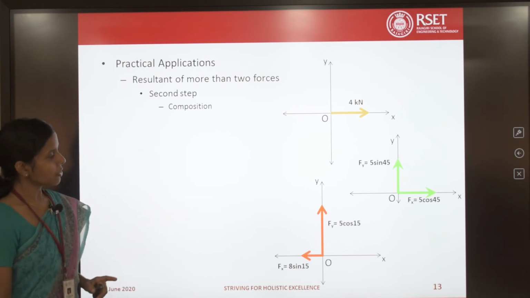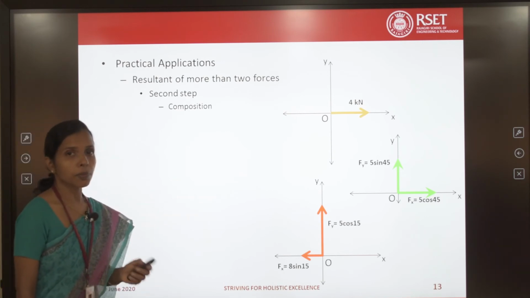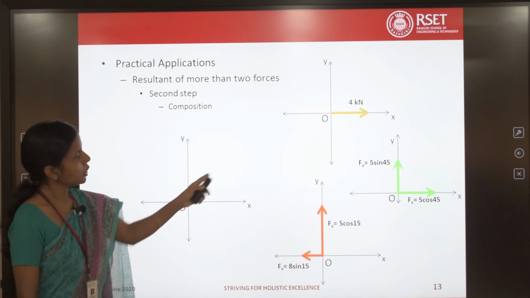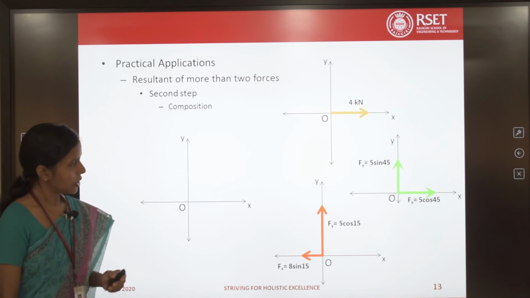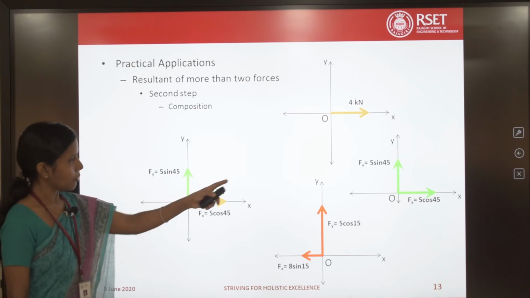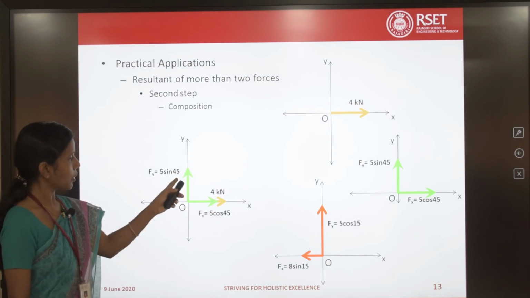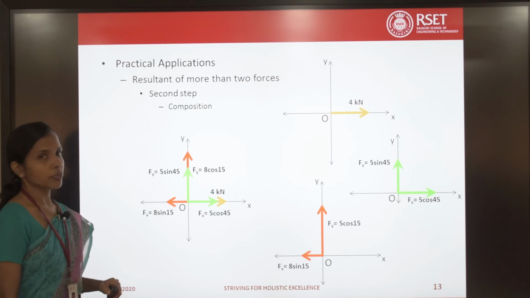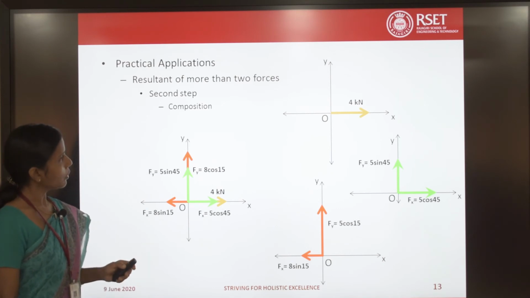Once you have converted these into components, the next step is composition. That is, you will take the reference axes and keep all the forces in one common reference axes. So, I will take the 4 kilonewton force and keep it here. I will take the components of the 5 kilonewton, 5 cos 45 and 5 sin 45, and then 8 sin 15 and 8 cos 15.